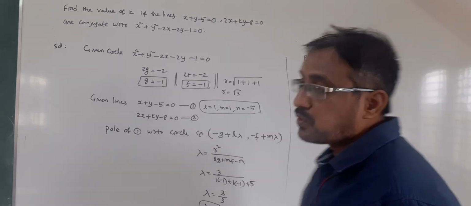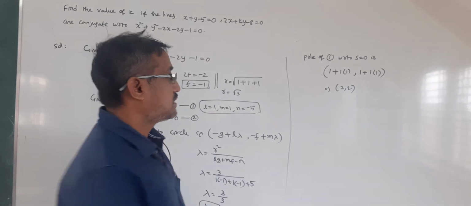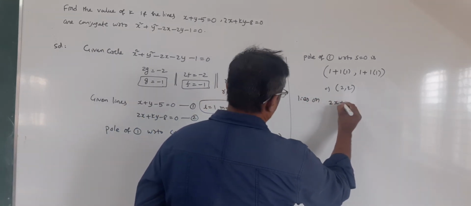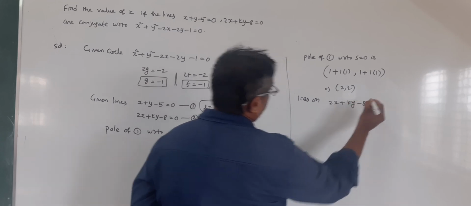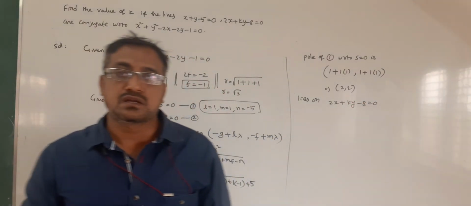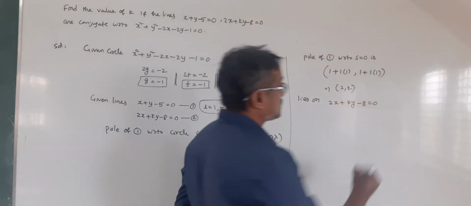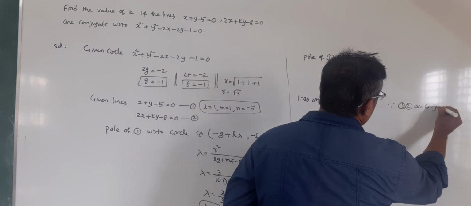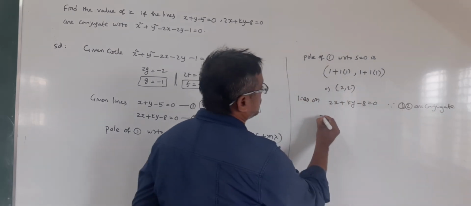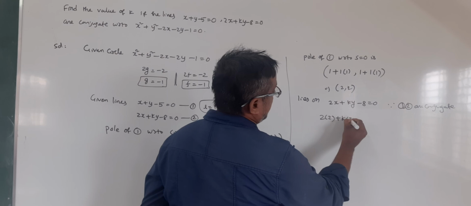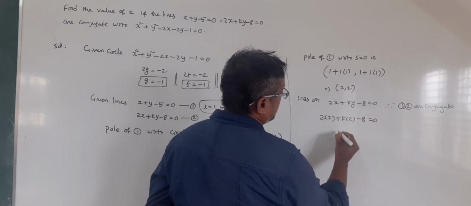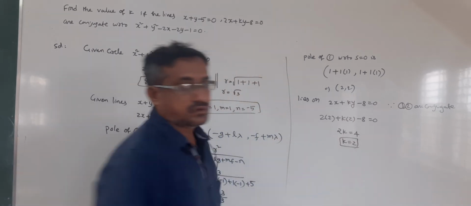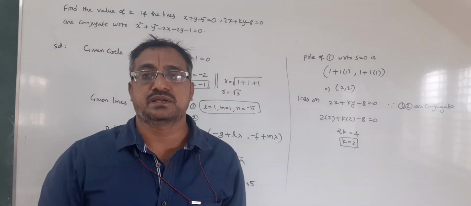Now this pole lies on the second line, so it lies on 2x plus ky minus 8 equal to 0, because 1 and 2 are conjugate lines. Since 1 and 2 are conjugate, so 2 into 2 plus k into 2 minus 8 equal to 0. 2k is equal to 4, k is equal to 2. That is the required value of k.